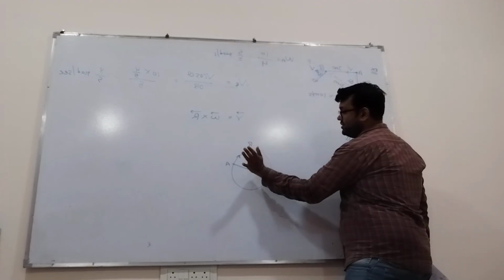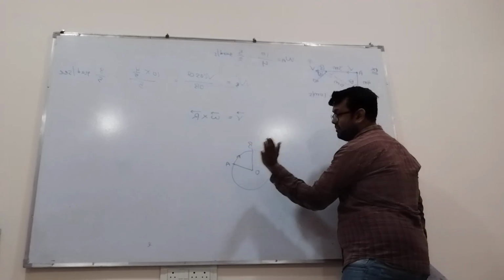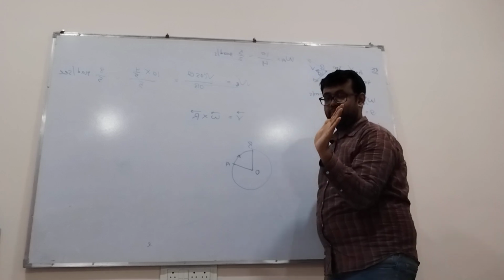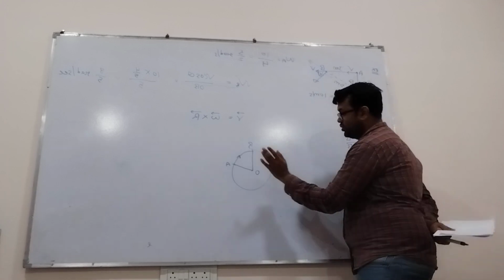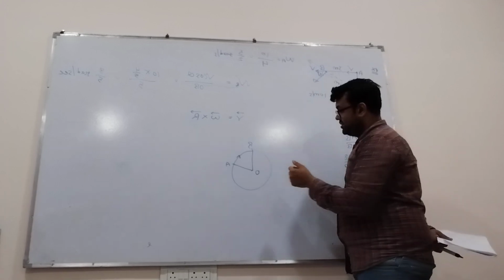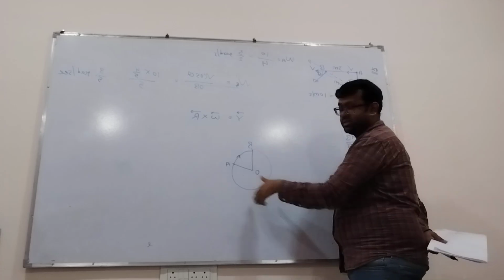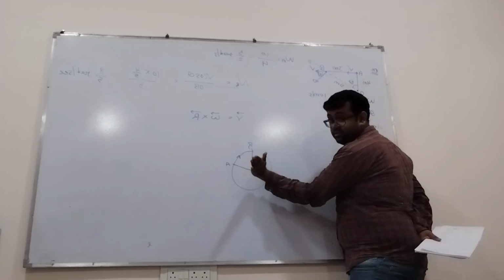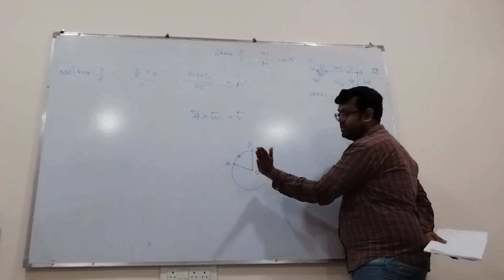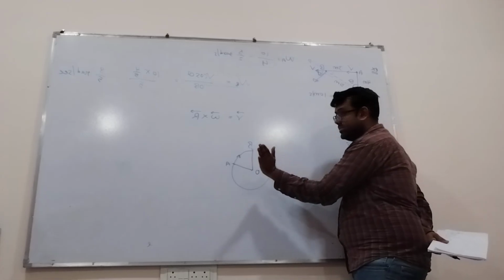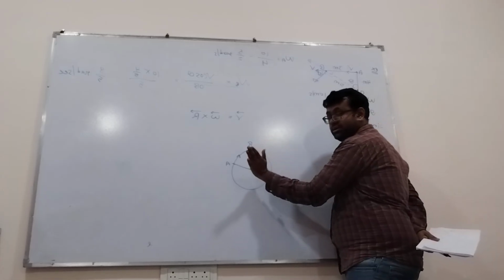We put our palm in the direction of omega. Omega's direction is outward from this plane, that is the z direction. Then we have to move our palm in the direction of r.